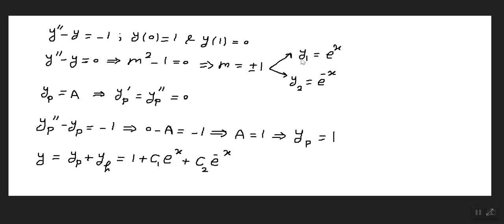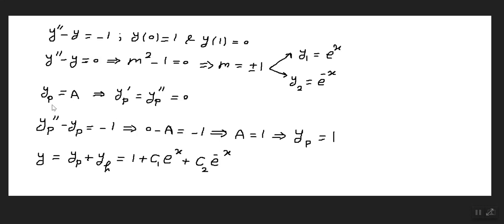So we get two linearly independent solutions for the homogeneous equation. So we have y1 equals exponential x, y2 equals exponential minus x. So the homogeneous solution will be the linear combination of these two.